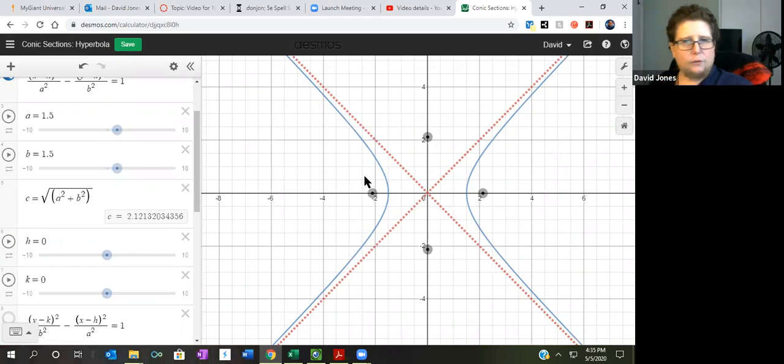My point there with showing you that it's hard to identify the shape just by looking at A and B, where it was easy on an ellipse.